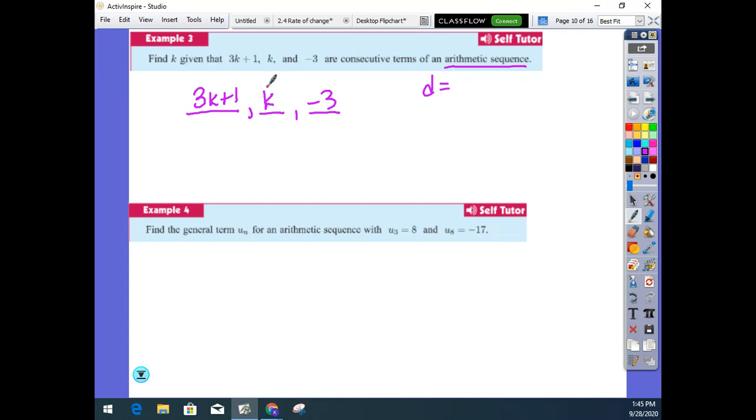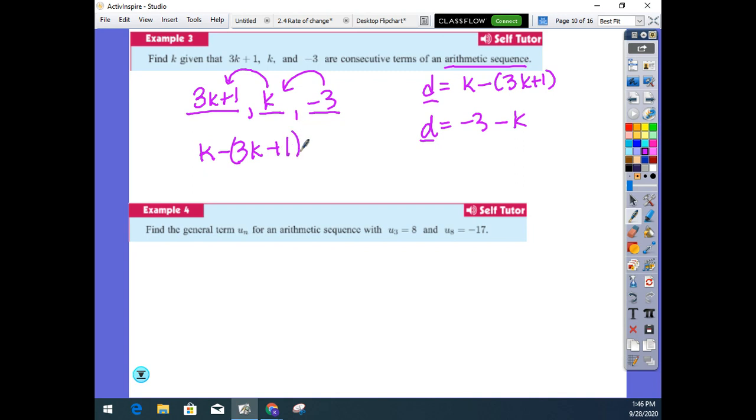I find D by taking my second number and subtracting my first number. Or how else could I find D? I could take my third number and subtract my second number. Both of these would find D, but now I have two equations that both equal D, which means they equal each other.